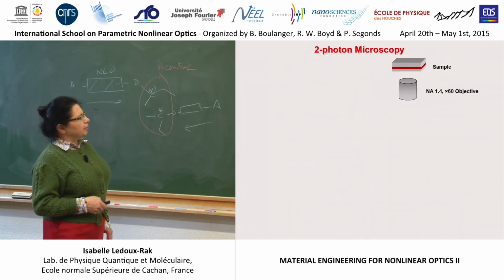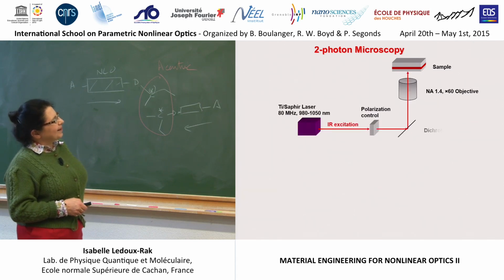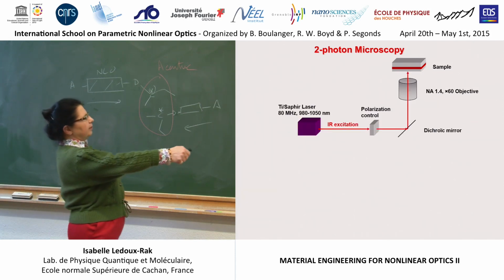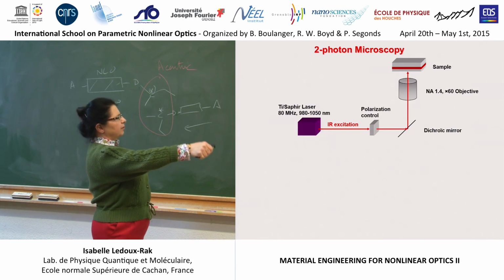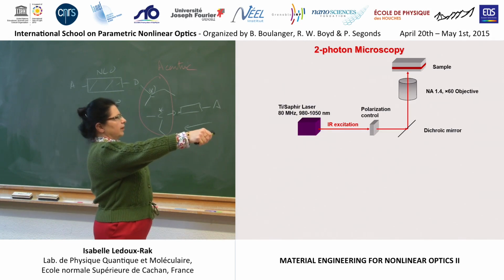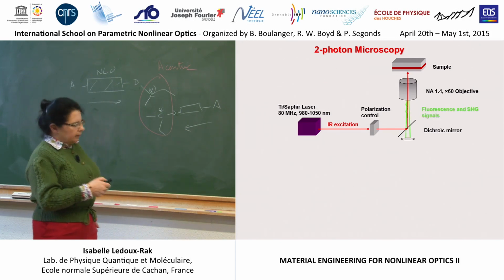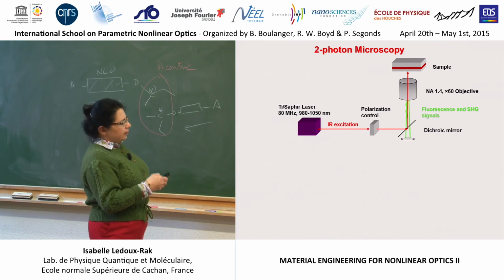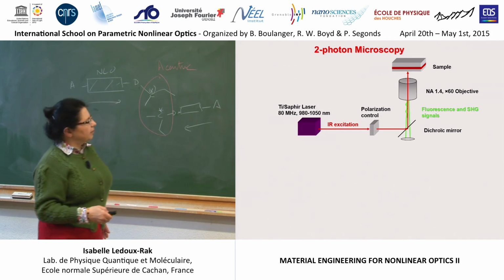So the setup is the following. We start from the sample, in fact, and the sample is irradiated by a titanium sapphire femtosecond laser with a microscope objective, and the emitted signal, second harmonic, is collected backwards, but it could be forwards in some cases.